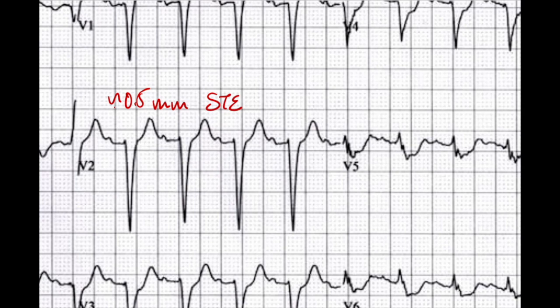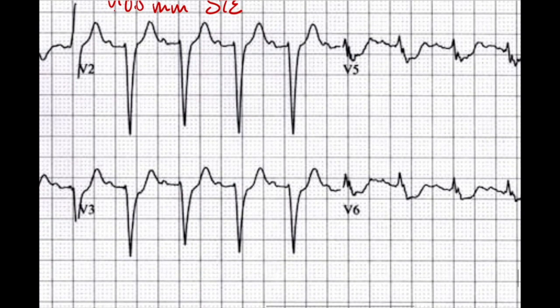Then remember in V2 and V3, we have different ST elevation requirements for when it becomes pathologic, especially for a STEMI. And since we don't know if this is a male or female, it's a little difficult to say. In V3, we have that upright P wave, tiny R wave, and that R wave definitely meets criteria for poor R wave progression.